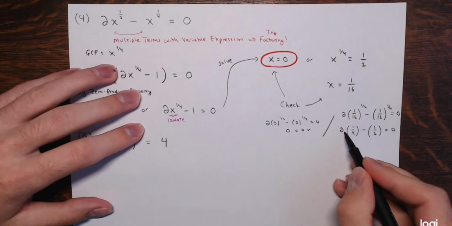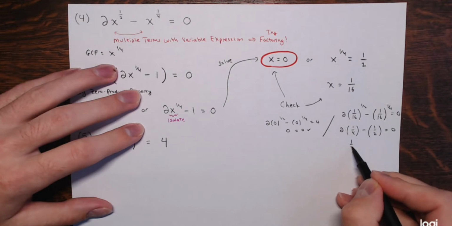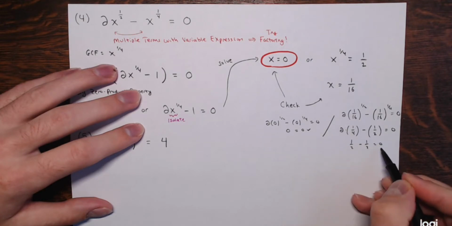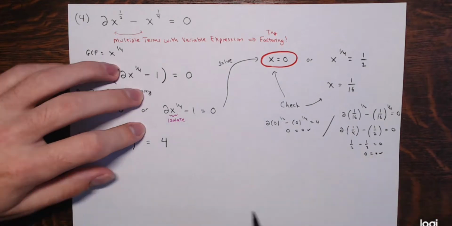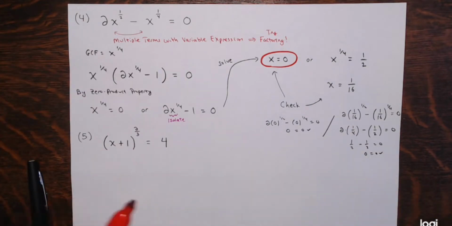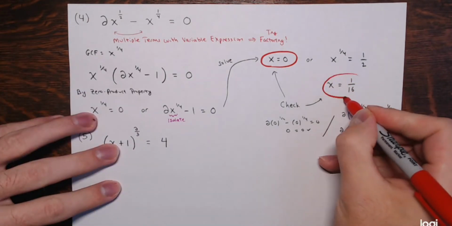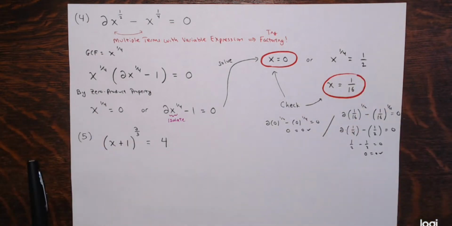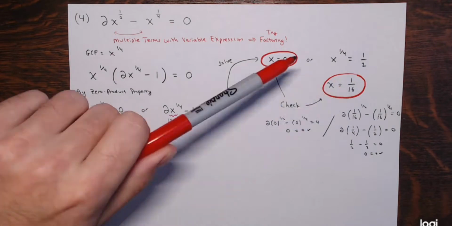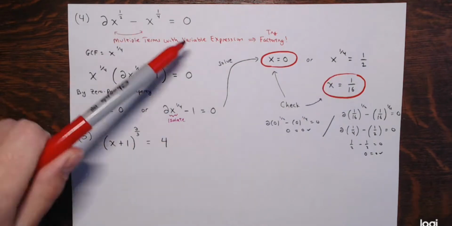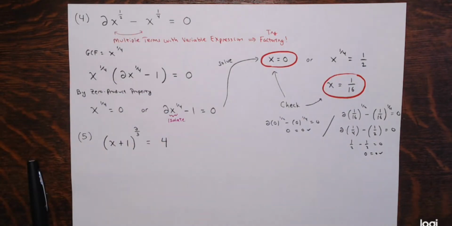And then we get 2 times a 4th, that's a half, minus a half equals 0. That's totally true. You get 0 equals 0. That also works. All right, so once again, we have an equation with two real solutions. 0 and 1/16 both make that original statement true. Okay, wonderful.